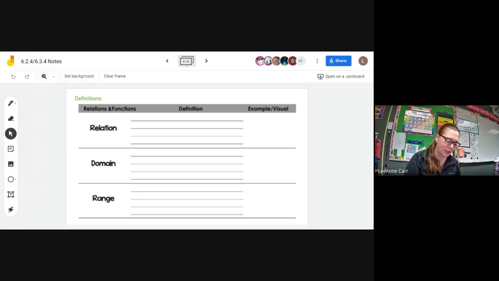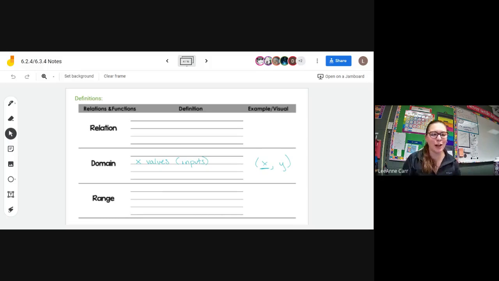Our domain, the shortest definition ever, our domain is all of the X values, or we can call them inputs. So in a function and relation, there are inputs and outputs. Your domain is going to be all the inputs, and in an ordered pair, if we think like X comma Y, all of these X values, those will be what your domain consists of.